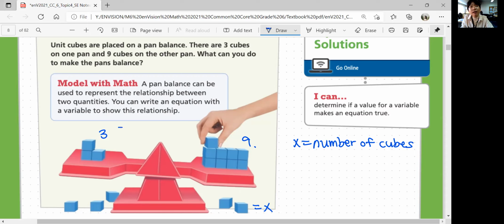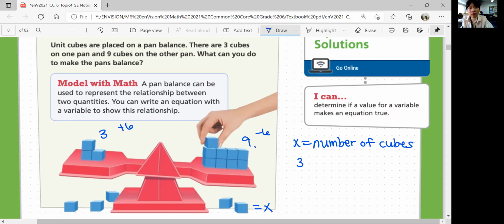So you can either add 6 to get 9 cubes on the left side, or in order to get 3 here, how many cubes do you have to get rid of? You can take away 6 cubes. So you can either add 6 on the left side or subtract 6 on the right side to get either 3 or 9 cubes so that the pan would be balanced. The idea is that you have the same number of cubes.